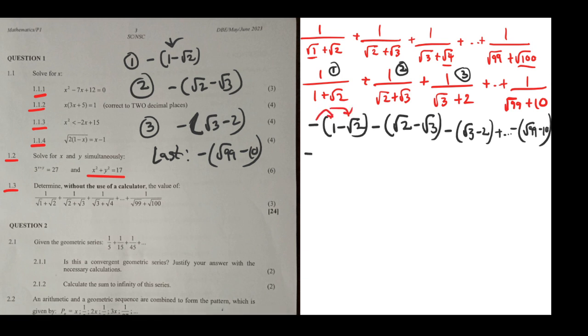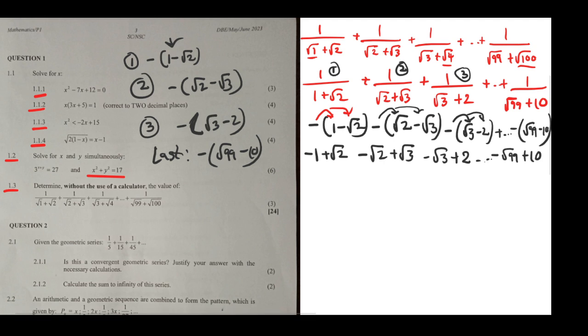So I'm going to remain with negative 1 plus the root of 2. Same goes here. This negative multiplies everything here. I have negative root of 2 plus the root of 3. Same goes here. I have negative root of 3 plus 2 goes to negative root of 99 plus 10.